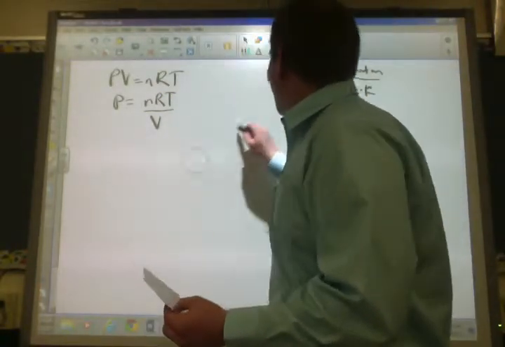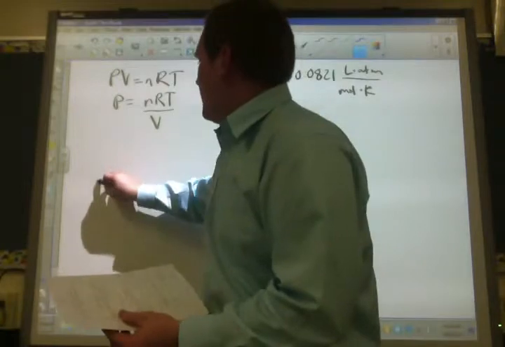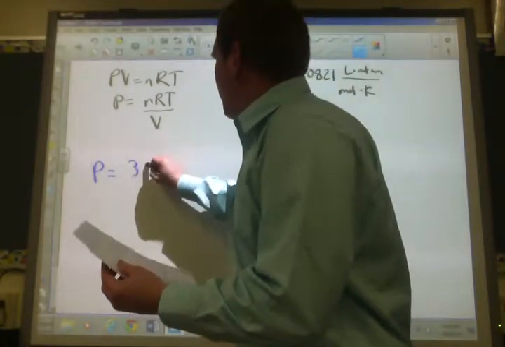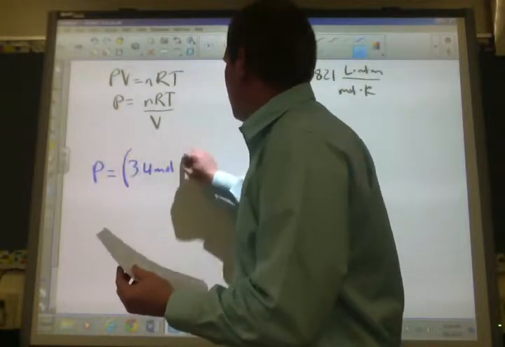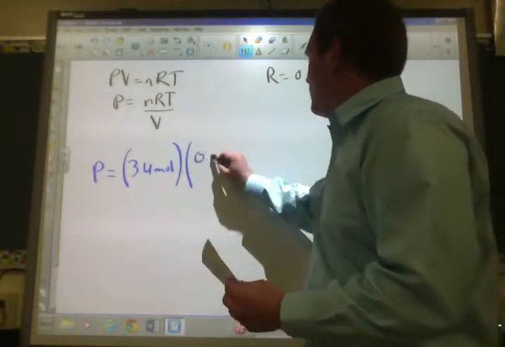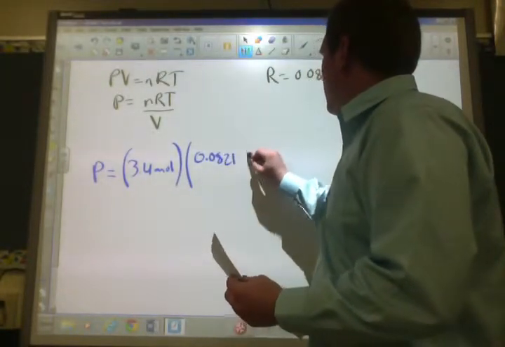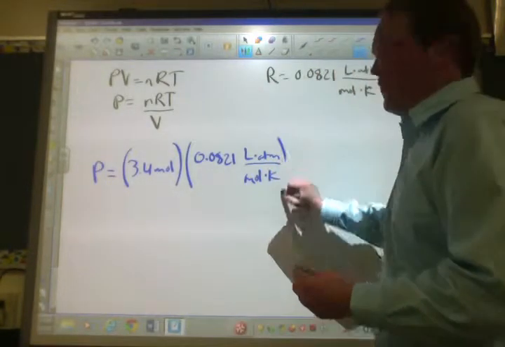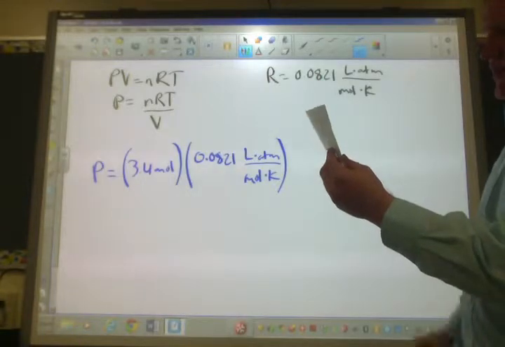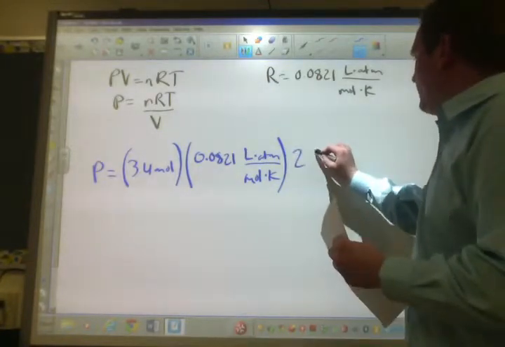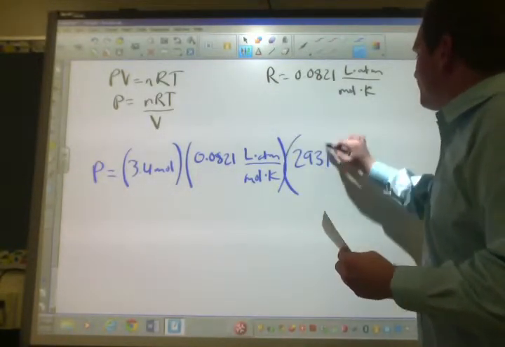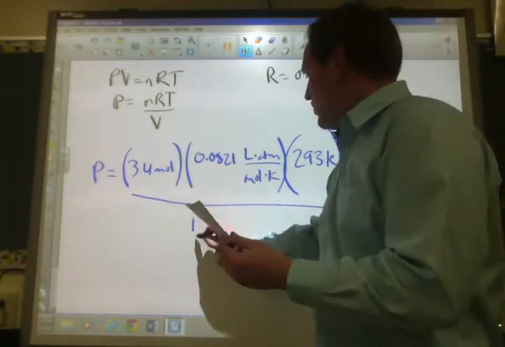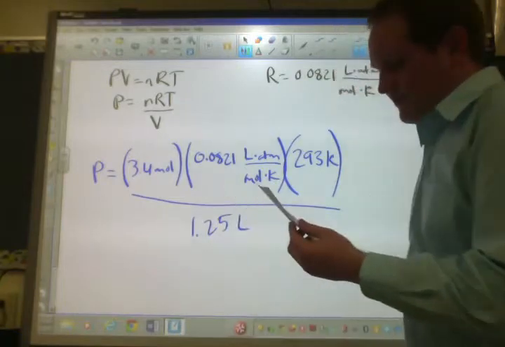So we're ready to plug everything in. Pressure equals n, which is moles, 3.4 moles, times R, times T, which is 293 Kelvin, divided by my volume, which is 1.25 liters.